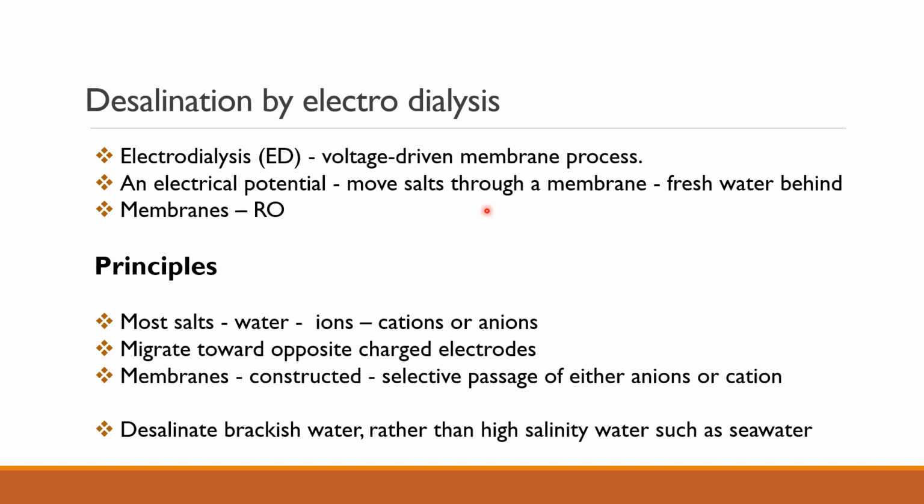This desalination process by electrodialysis is usually used to desalinate water which has less salt concentration, such as brackish water, rather than seawater, because seawater has a very high salt content.